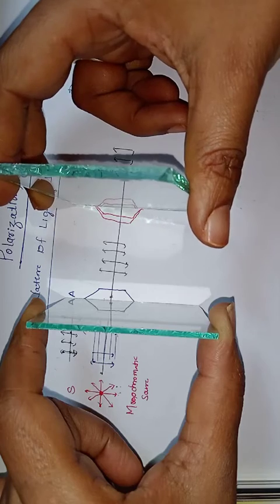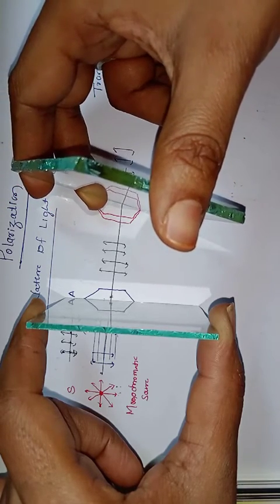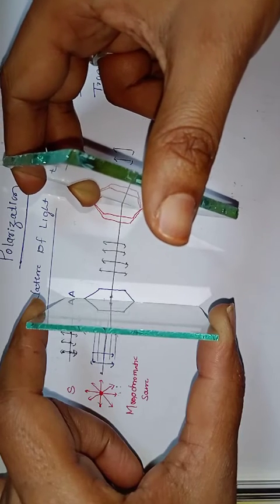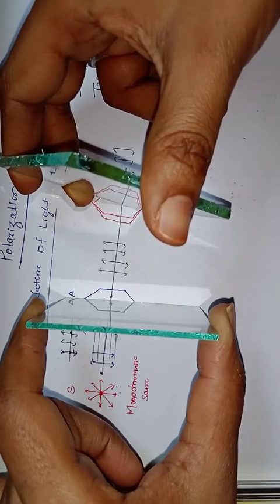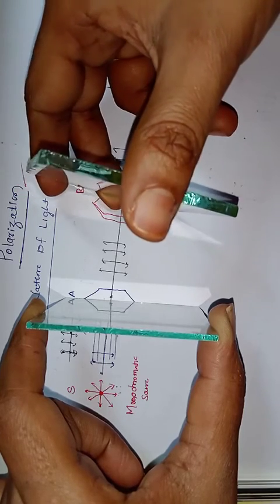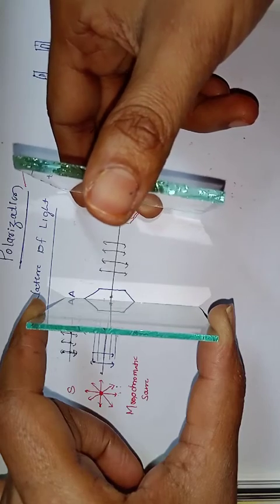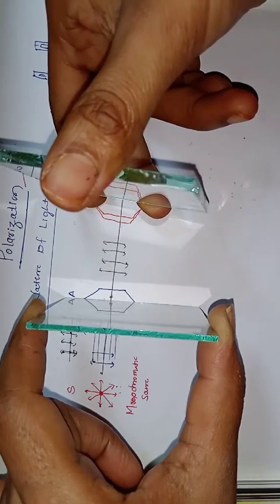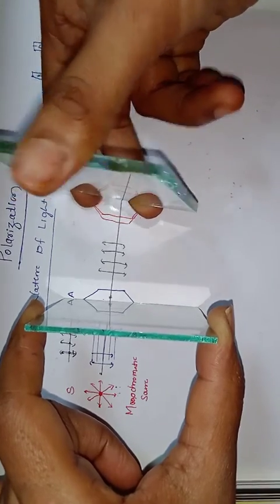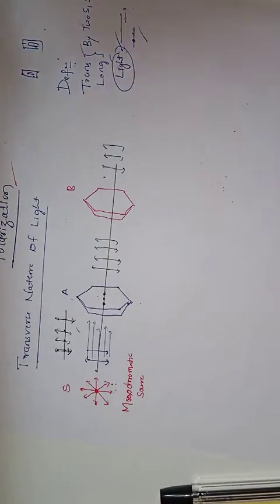Before they were parallel; when I slowly rotate B until it is perpendicular, the intensity is zero. If I continue the rotation, the intensity of the light increases again. So this is how the transverse nature of light is shown.